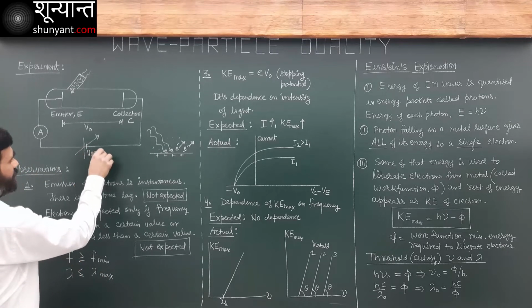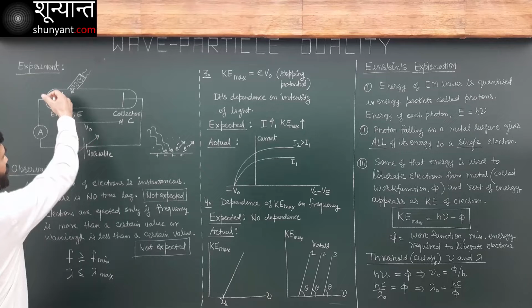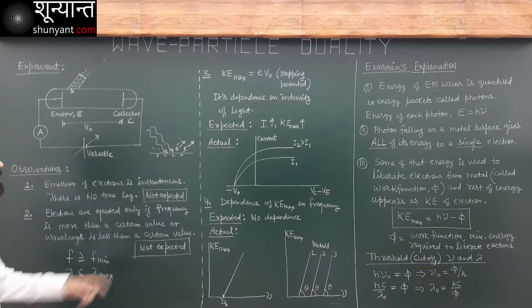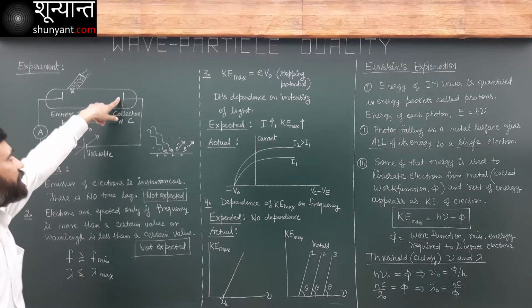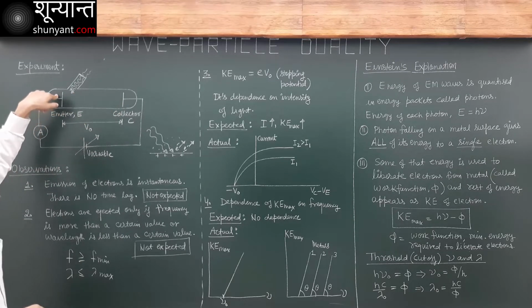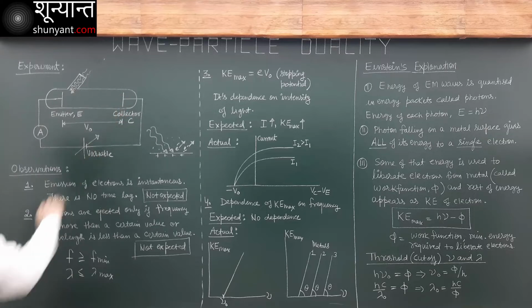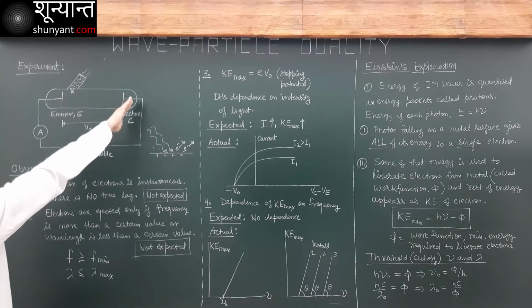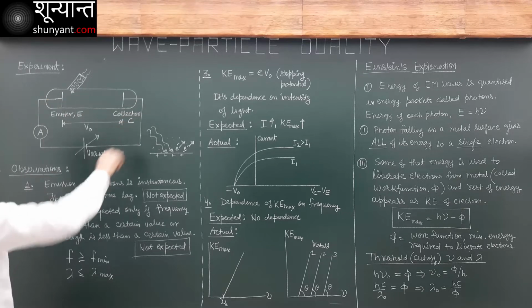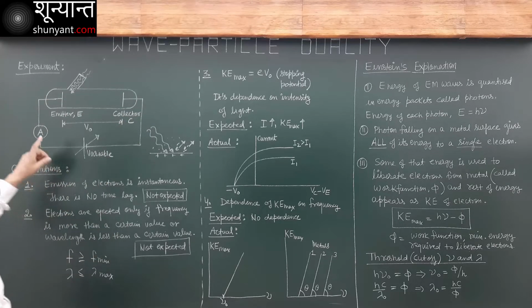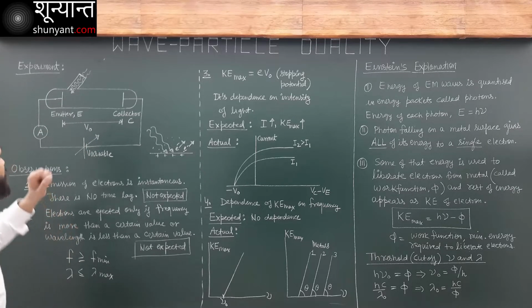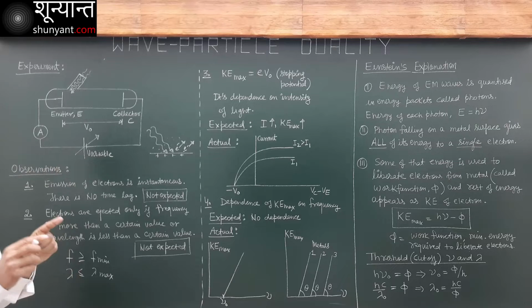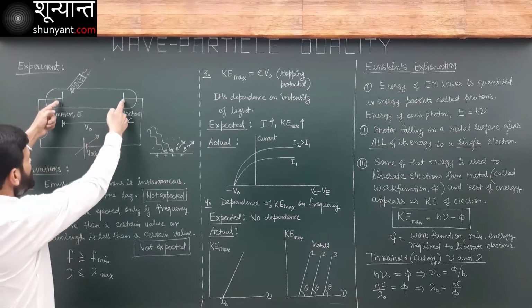If I want to attract those electrons, I will keep this at positive potential and this at negative potential, such that electrons are attracted. Electrons go from this plate to that plate, then come back here. The circuit will be complete, and I will have a current in this circuit. The purpose of this is to create a potential difference between these two plates.